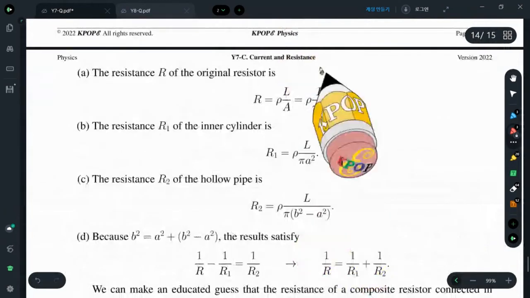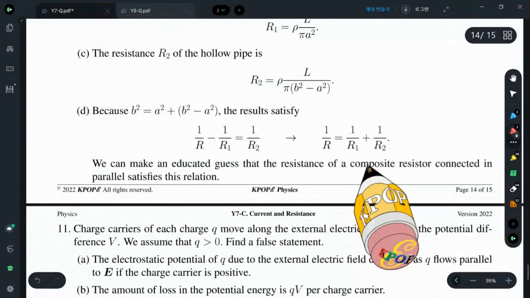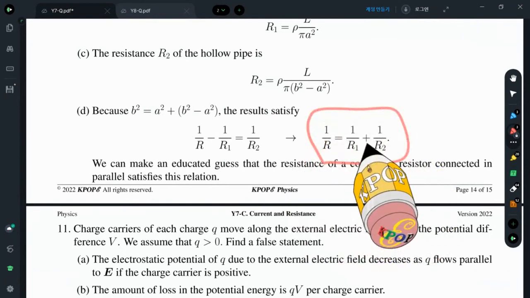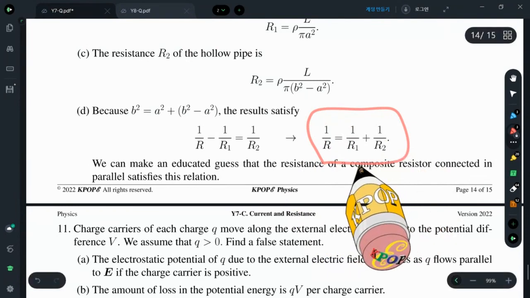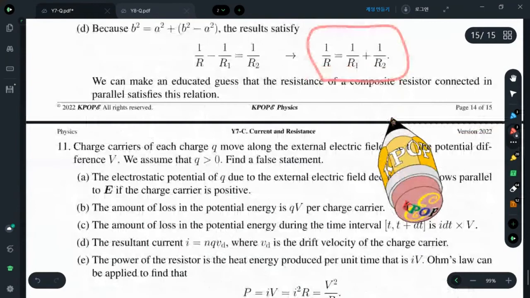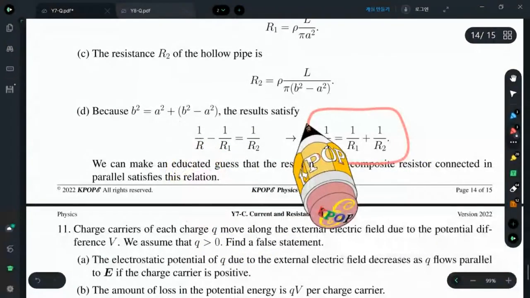So I hope you can follow all of the details of the calculation here. Again, just like the reduced mass of a two-body system, the resistance of two resistors in a parallel connection is this. I have made use of the superposition principle here.